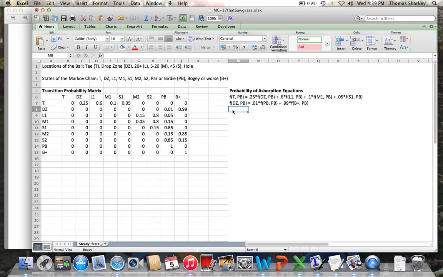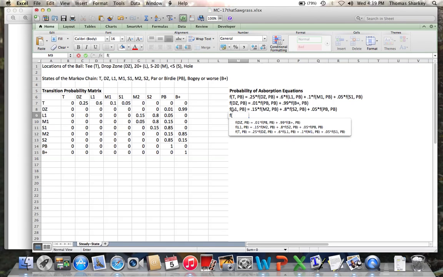We're going to have to do this for all of our states, so we can then look at F of L1, comma, PB, and that is equal to 0.15 times F of M2, PB plus 0.8 times F of S2, PB plus 0.05 times F of PB, comma, PB.